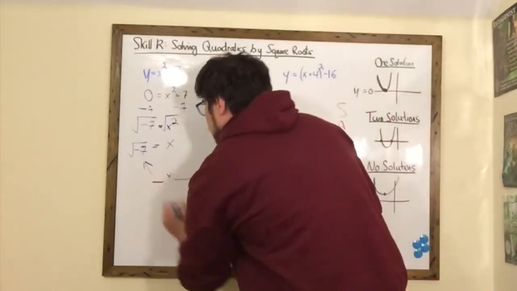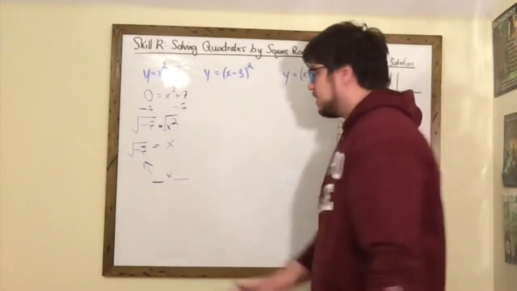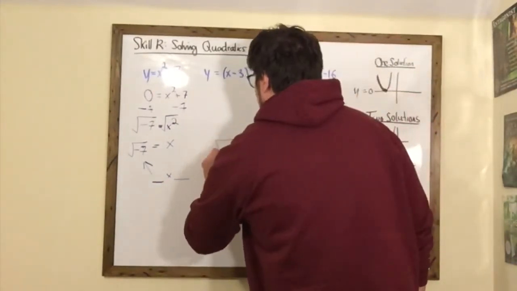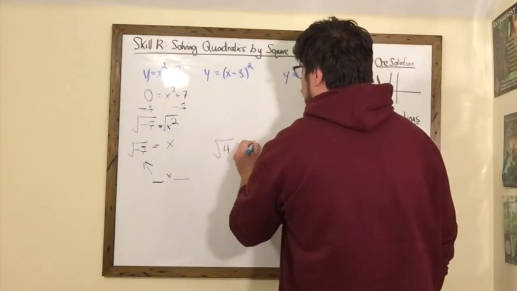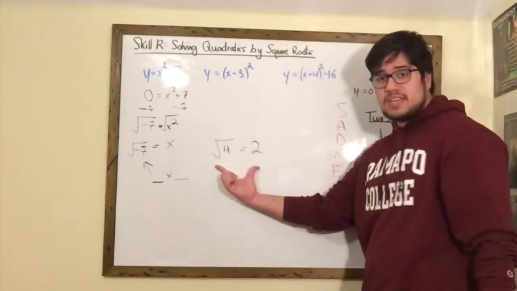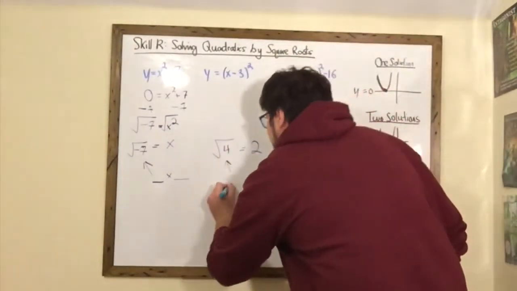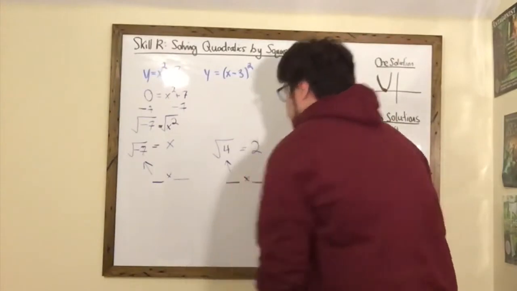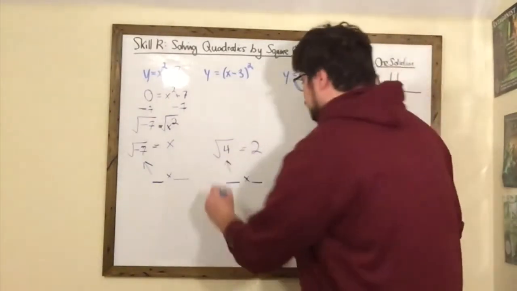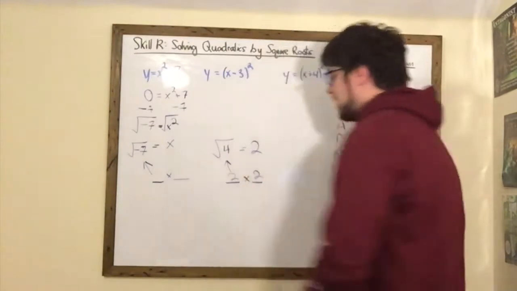So I have to have some number times some other number, right? Just like if I had the square root of 4. Most of us are saying, oh, it's just 2. Well, the reason being is because what number times itself gives me the number 4? Well, that would just be 2 times 2.